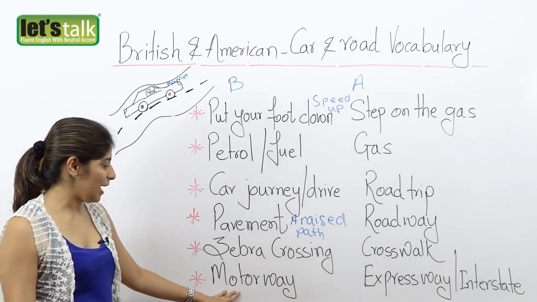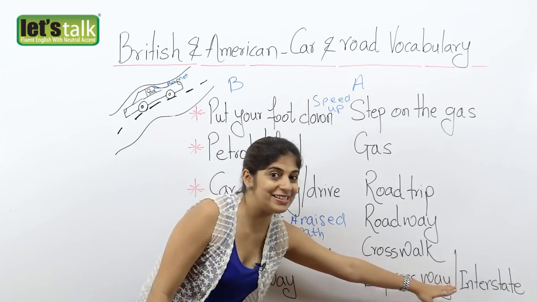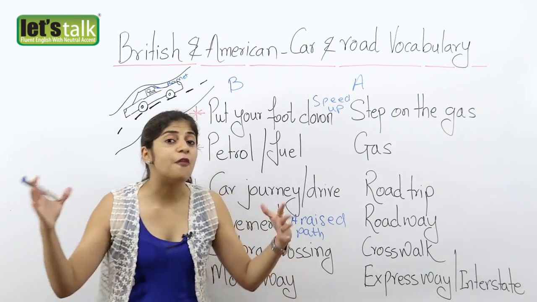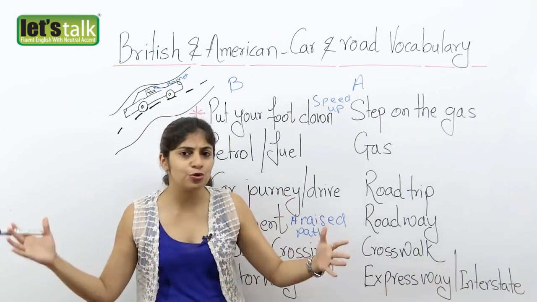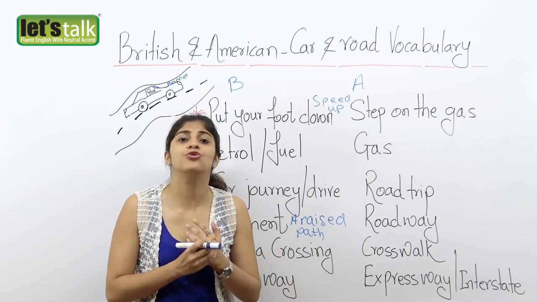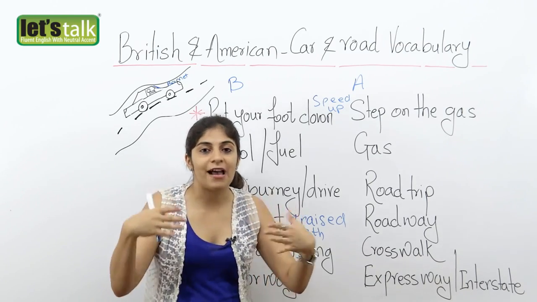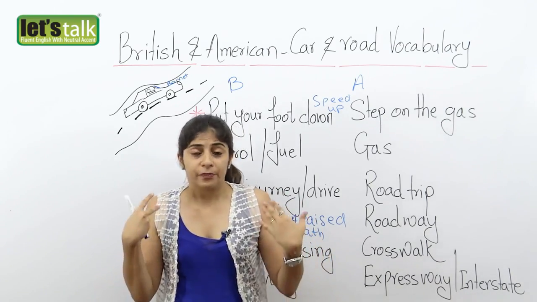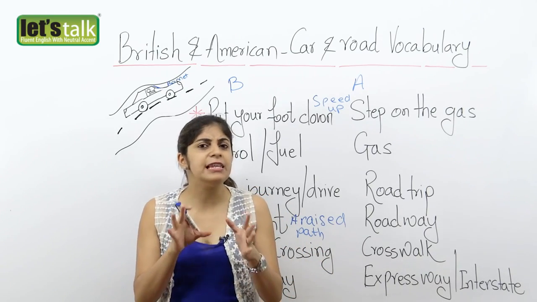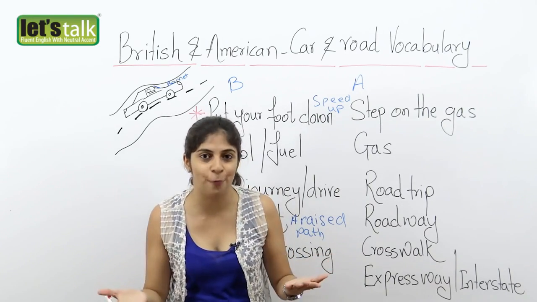And the last one that we have is motorway and expressway or interstate. Now, motorway or expressway is a wide road, a huge road with maybe 4 lanes, like a huge highway, where the cars, it's for fast traffic, where there are relatively limited exits or entry points.